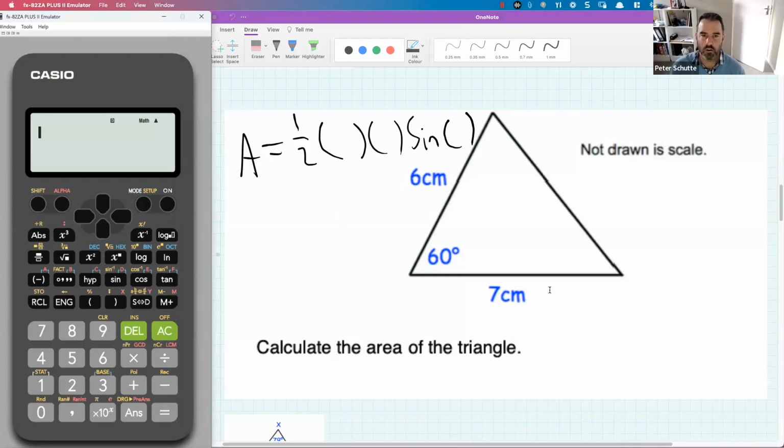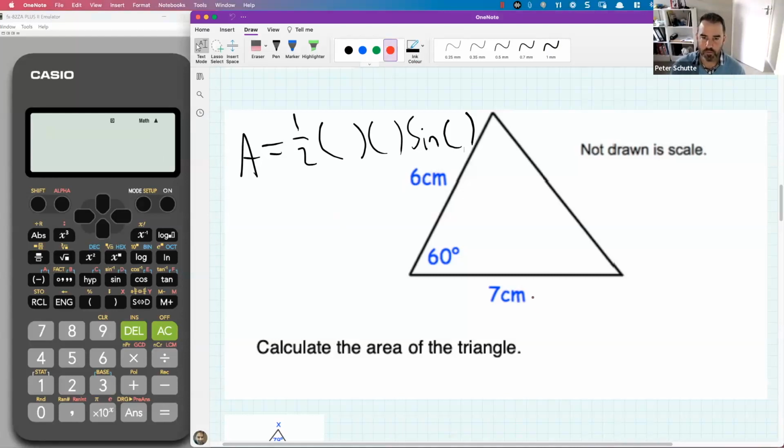So I've got the one side. I've got the other side, and I've luckily got the angle in between. So that's going to be the sine of 60. So you put it in your calculator, you go 6. Oh, no, I've forgotten the half.